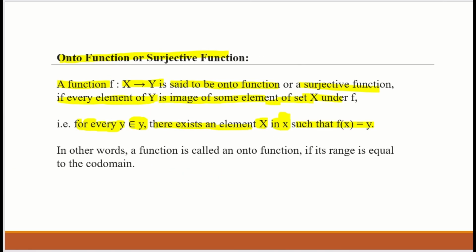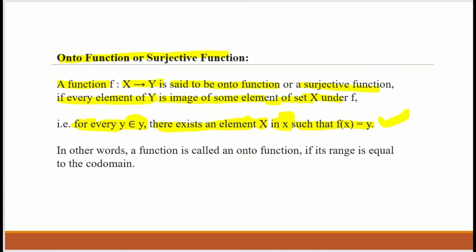Then be careful how to prove it in the mathematical way. For every element y in the set y there exists an element x in the set x such that f of x is equal to y. This is the mathematical way to prove an onto function.